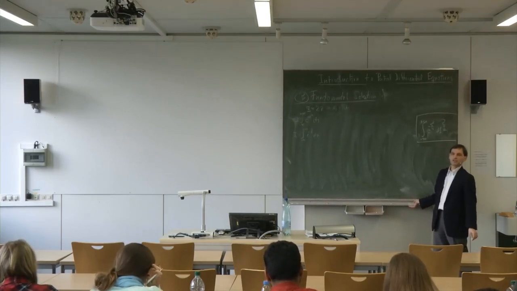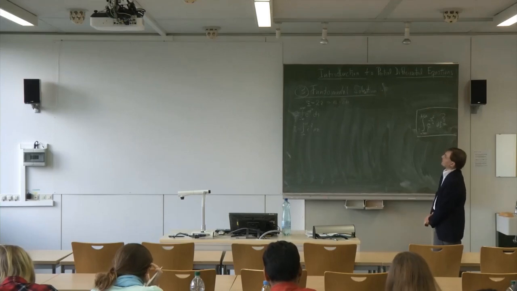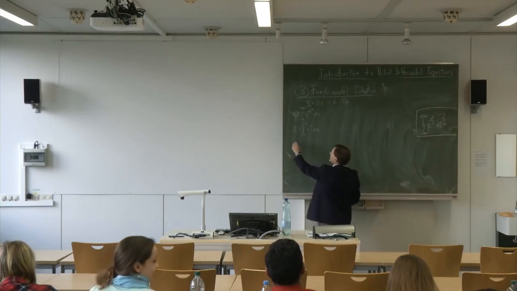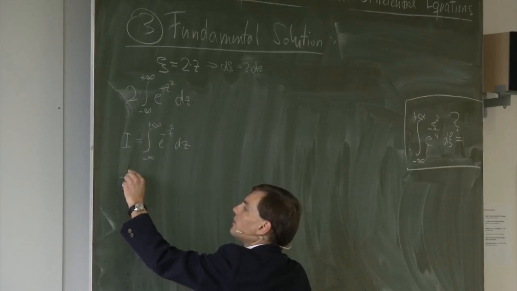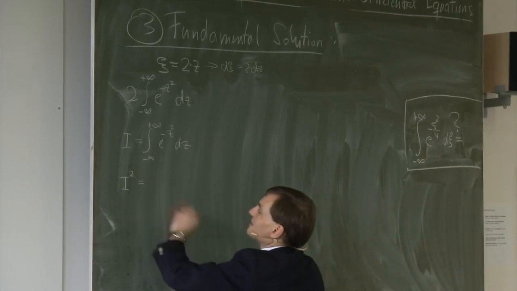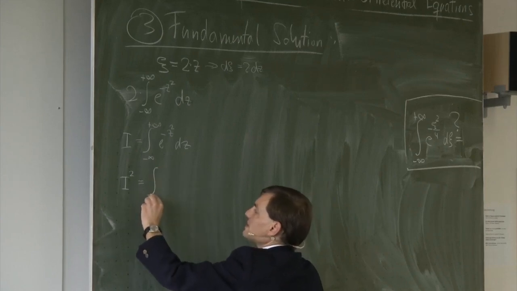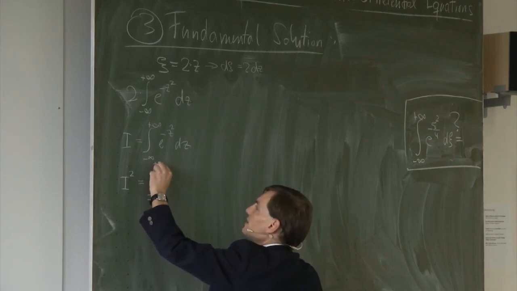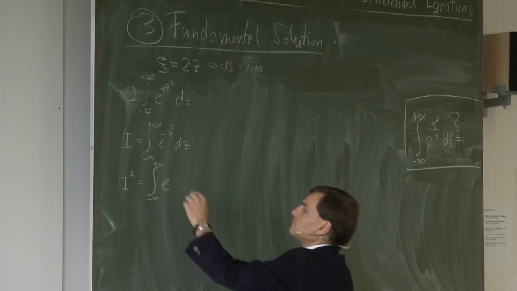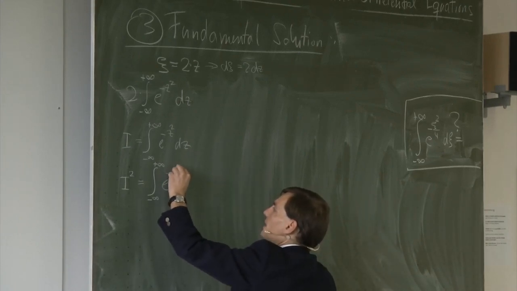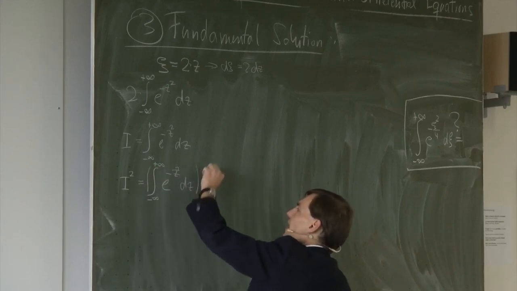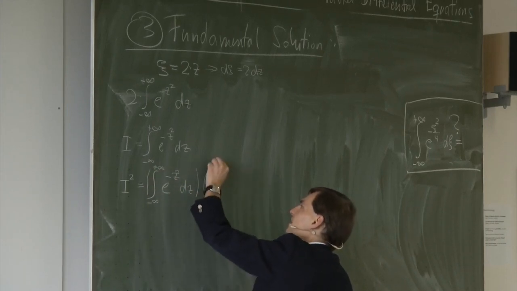How can we do this? Well, first we square this whole thing. We think about I squared. I squared is this integral from minus infinity to plus infinity, and I can write it for a second like this: the first times the second.